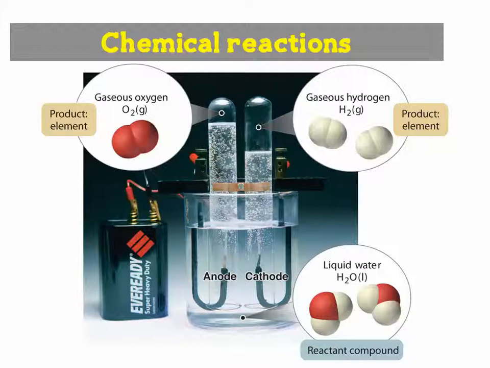Anytime you hear words like decompose, explode, rust, oxidize, corrode, tarnish, ferment, burn, rot, those things are all going to refer to chemical reactions. Things like dissolve, melt, boil, those are all going to be related to physical properties or changes.